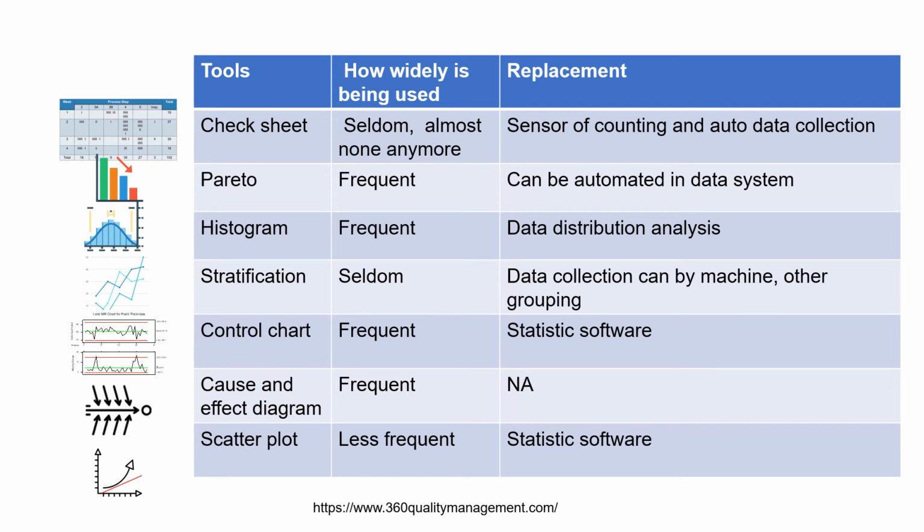However, this does not mean that the 7QC tools are no longer valid, as the approach of collecting the data and mapping it to the root cause of a problem is a must in any manufacturing industry problem solving.